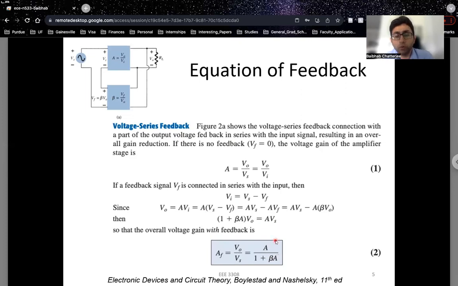One interesting thing to note here is that if your feed forward gain A is infinite, which is the case for an ideal amplifier with very, very high gain, which means A is infinity, then if you divide your numerator and denominator by A, what would you have on the numerator? You'll have just 1 because you have divided it by A. In the denominator, the first term will go away because 1 upon A is equal to 0 when A is infinity.